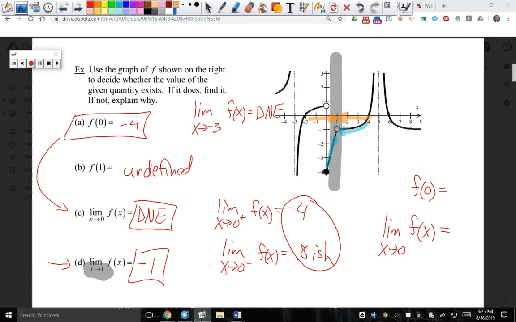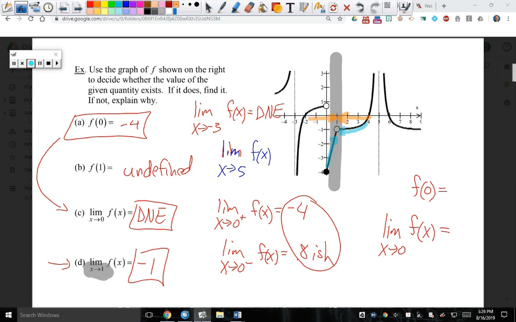Because approaching from the left is going up to what? Infinity. Approaching from the right is going what? Negative infinity. Will they ever have an ET moment? No. So it's going to be does not exist. Now, this is jumping into theory here in just a bit. Stay with me.